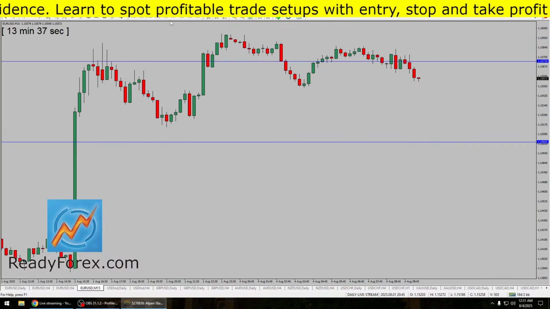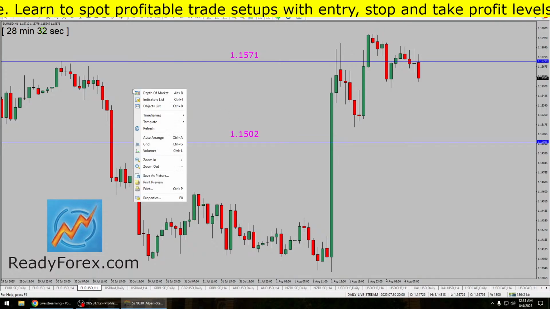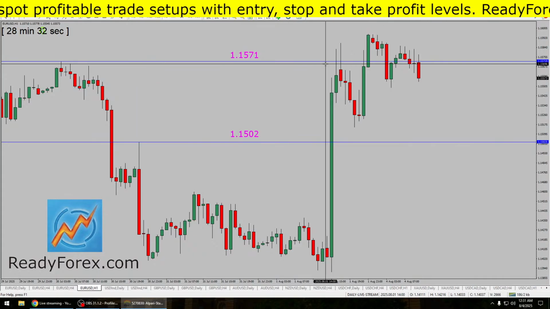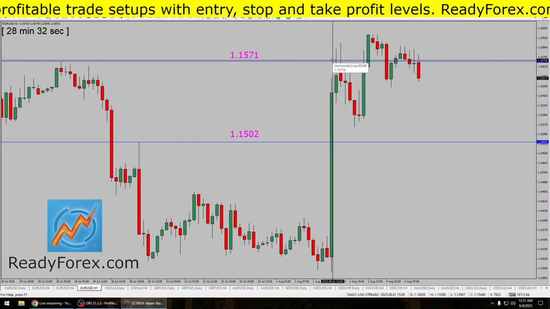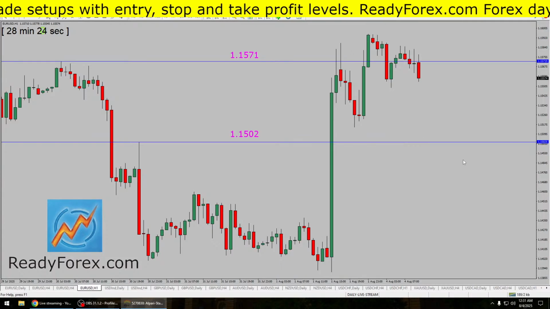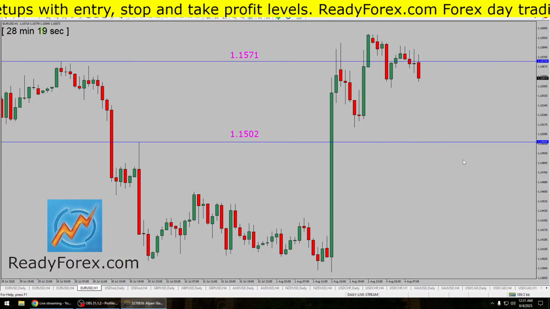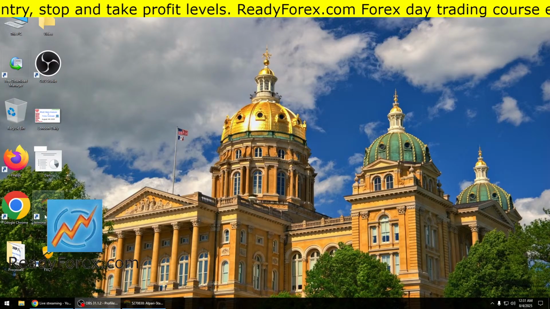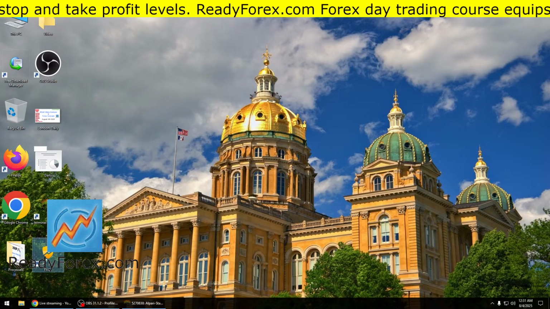If you take a look at a 1-hour time frame, over here I actually took a sell trade at 1.1571 level. One second, let me see if it's possible for me to show you what happened with that particular trade.